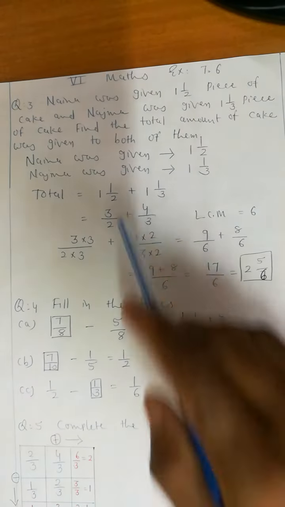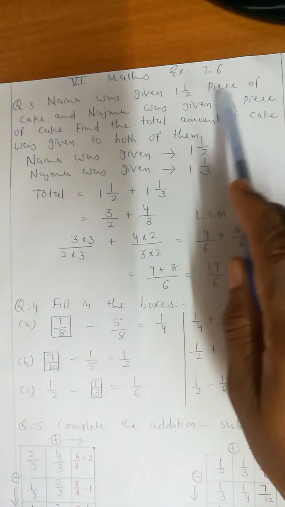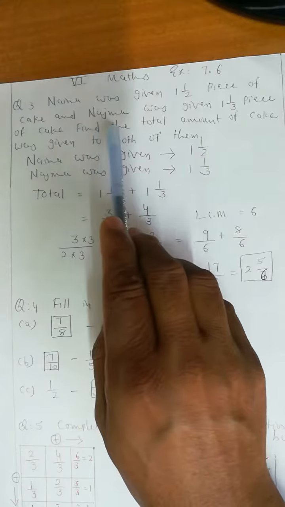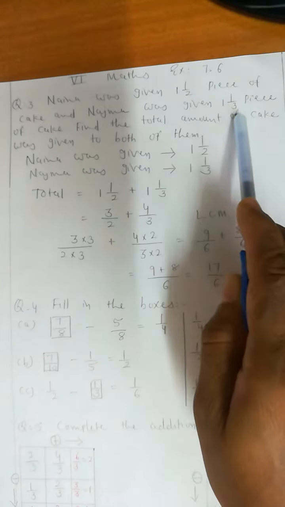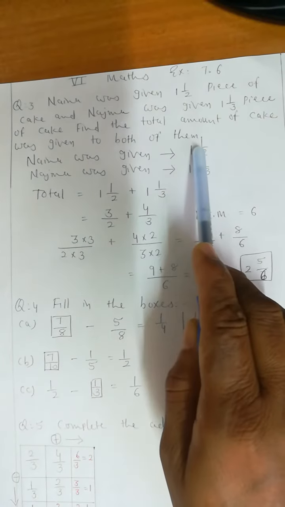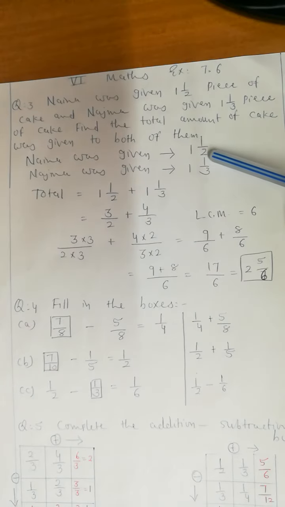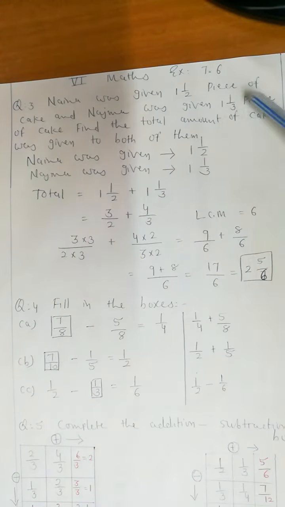Now question number 4. Naina was given 1 integer 1 upon 2 piece of cake and Najma was given 1 integer 1 upon 3 piece of cake. Find the total amount of cake given to both of them. Naina was given 1 integer 1 upon 2. Najma was given 1 integer 1 upon 3.